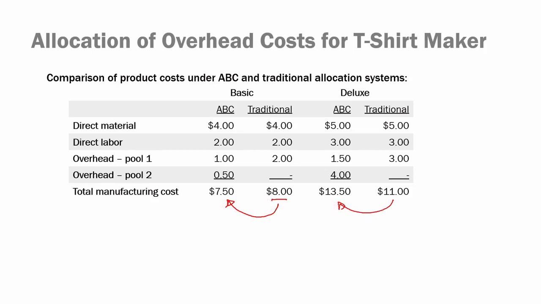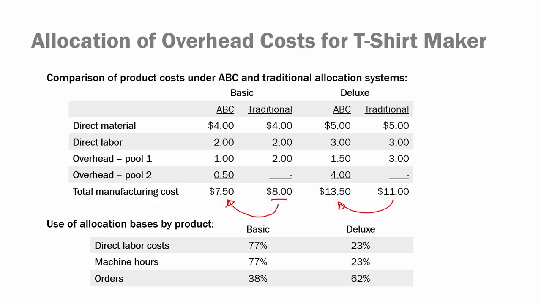Well, let's think about it this way. The basic t-shirt is responsible for 77% of direct labor costs. So those basic t-shirts were assigned 77% of the overhead costs under the previous system when we used direct labor as the allocation base. Okay, how did I get the 77%? Is that what you're wondering? Okay, so what I did is I recognized that the direct labor is $2 per shirt for the basic t-shirts.